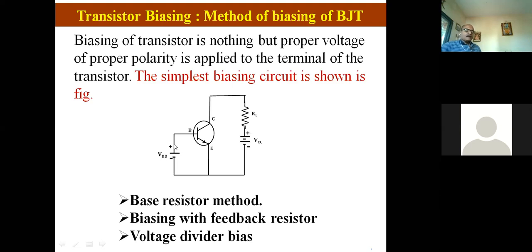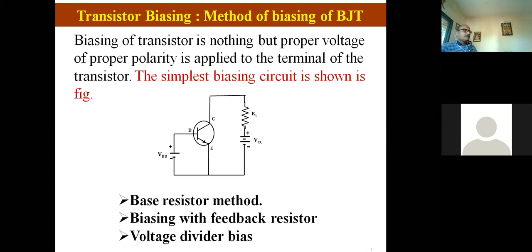And here we know that in the normal simplest biasing circuit, the emitter junction is always forward biased. In the B.Sc. part we have seen this frequently for biasing. The emitter junction is forward biased.